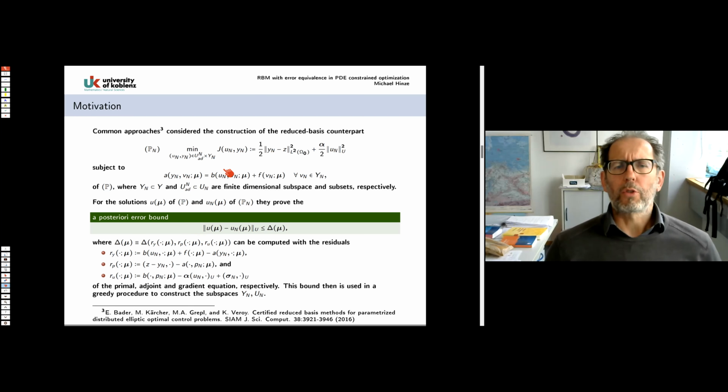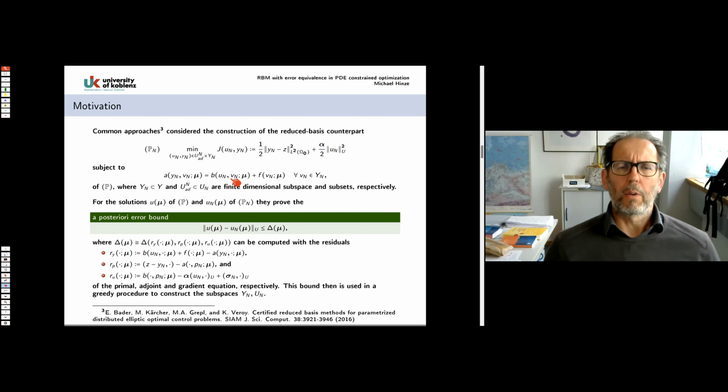The approach, in essence, writes down a finite dimensional counterpart of the optimal control problem, where all the ingredients in the problem are discretized. So the state is substituted by a finite dimensional counterpart Yn, and the control is also discretized, so one gets a discrete PDE, where Yn is a discrete state and Un is a discrete control.